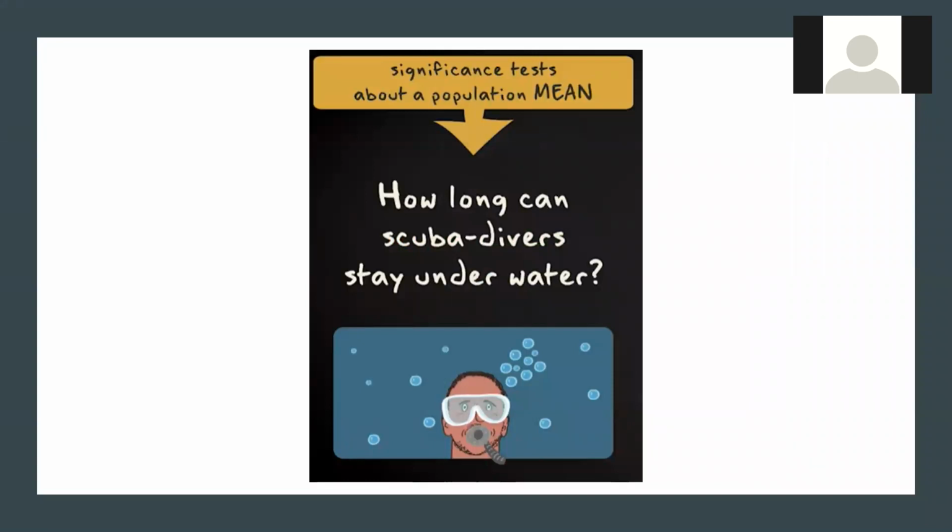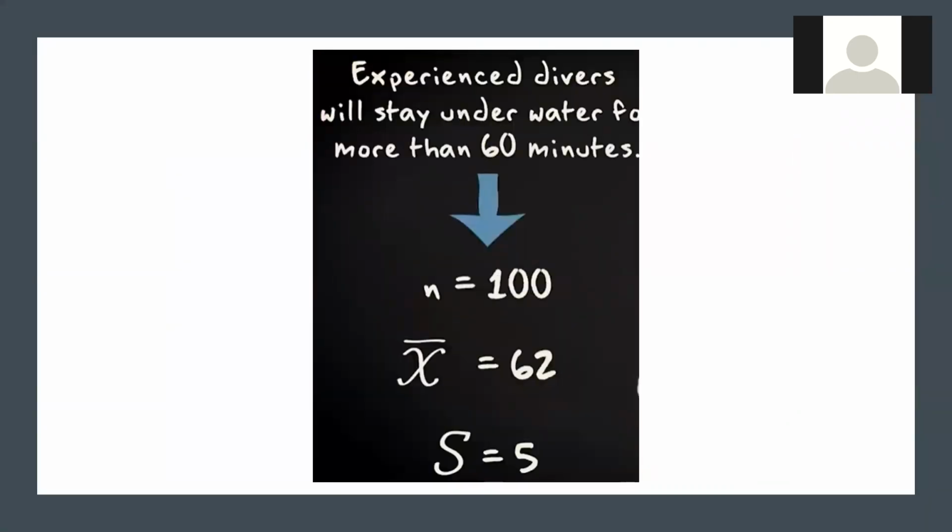So now let's say we are dealing with a mean. How long can a scuba diver stay underwater? It may depend upon the depth of water, his experience, and several other factors. Let's say an experienced diver will stay underwater for more than 60 minutes.